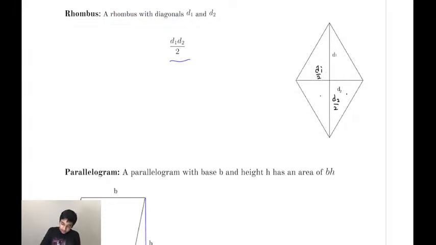Then the area is just going to be 4 times 1/2 times d1 by 2 times d2 by 2, and then these two will cancel with the 4, and we're left with d1 times d2 divided by 2, which is the formula.